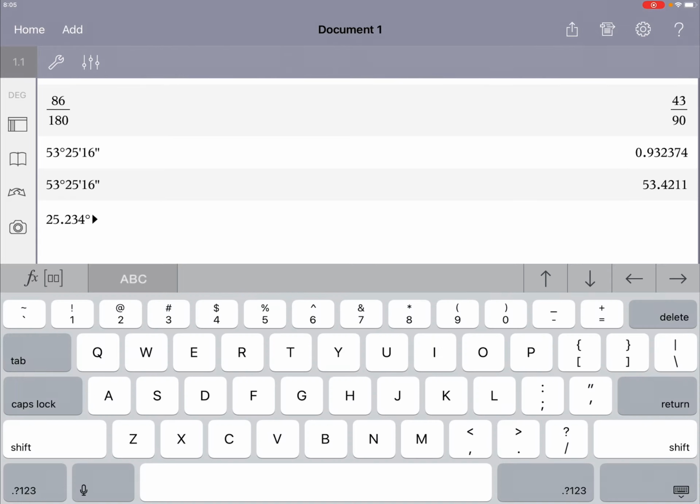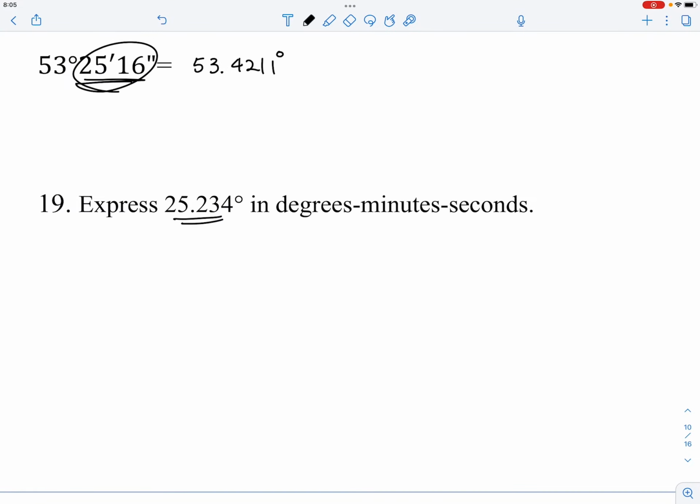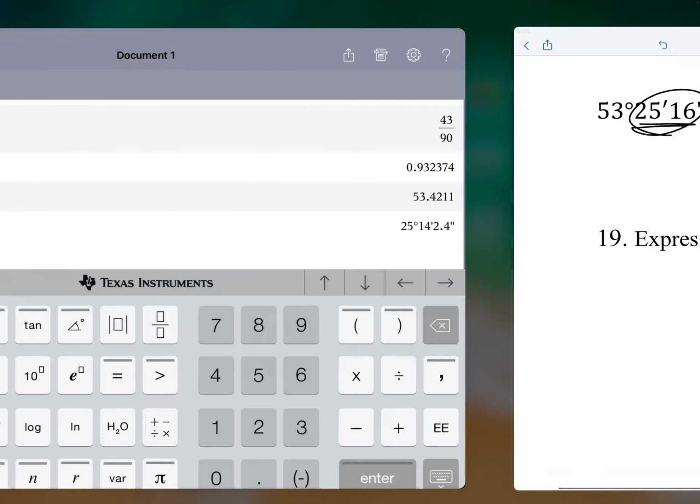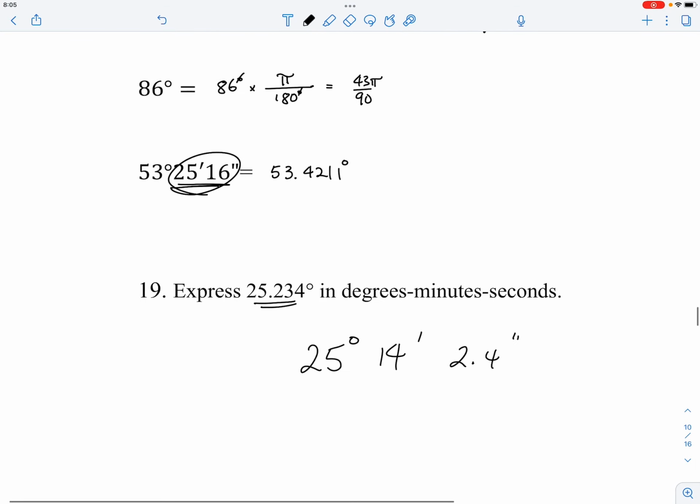And then you can just type in DMS. You can see the font changes as I complete typing the DMS. And then back to here, and this is the DMS measure, 25 degrees, 14 minutes, and 2.4 seconds. Yep, there you go.